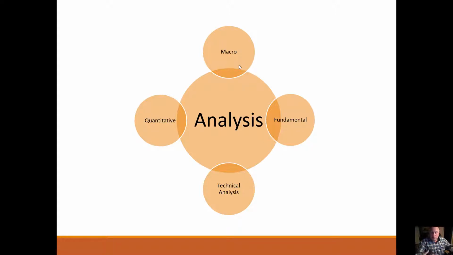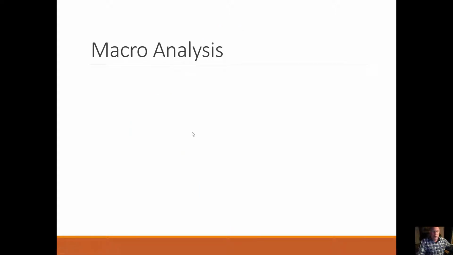Where is it going? Then we move to technical analysis, which is statistically based on prices, volumes. And then there's quantitative, which is using math, formulas, algorithms, and the rest to evaluate where the company is going. So let's just take those pieces and go a little deeper.